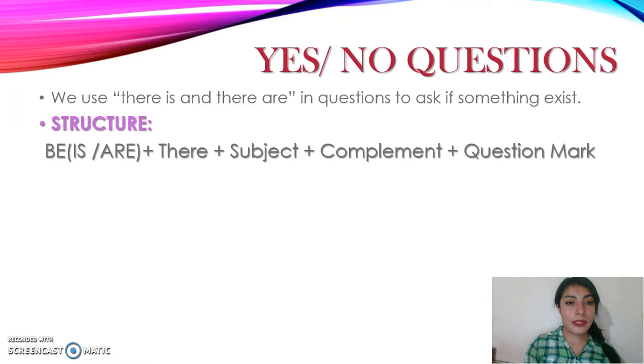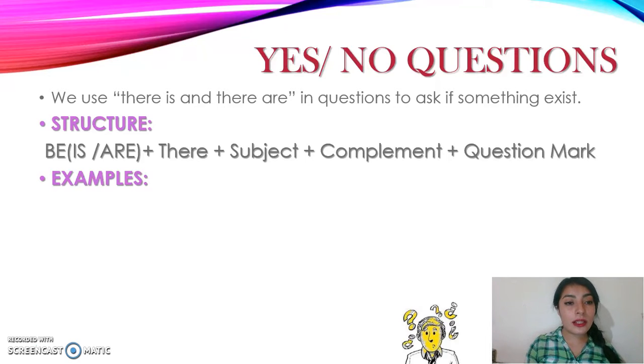Be could be is or are, plus there, plus subject, plus complement, and a question mark. You have to remember to put the question mark at the end of the statement to form a question, because if you don't put a question mark, it's like a normal sentence. So I have here some examples.